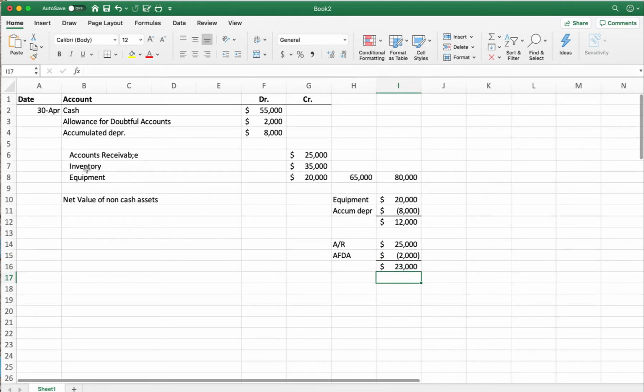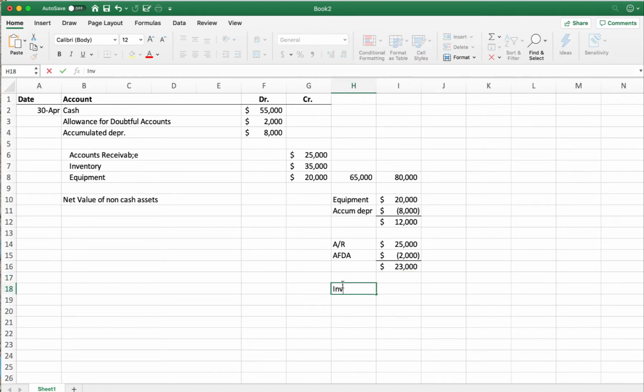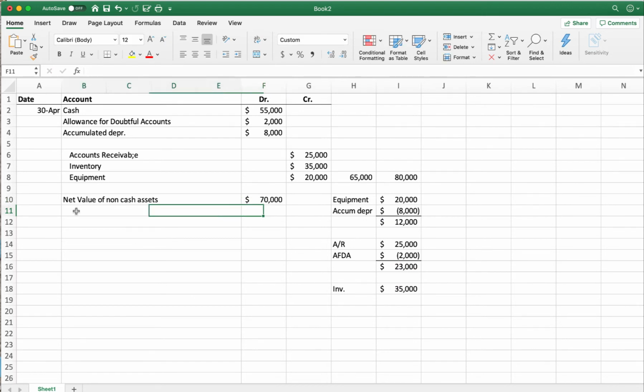We also got rid of our inventory, okay? Equals our 35,000. So our net value of all the non-cash assets, 12,000 worth of equipment plus $23,000 worth of accounts receivable plus inventory of $35,000, we get 70 grand. Okay, great. What are our sales proceeds?